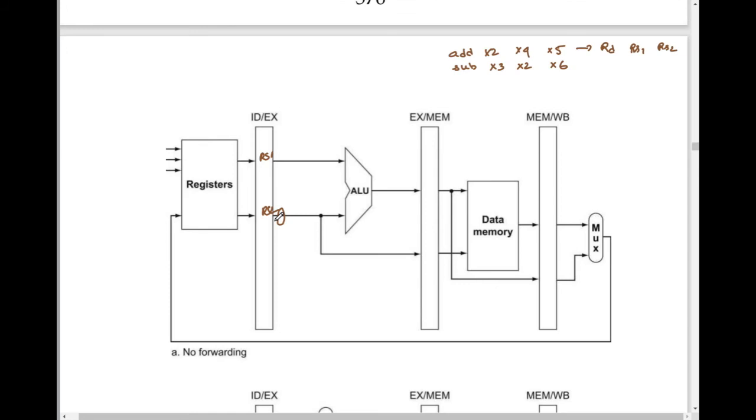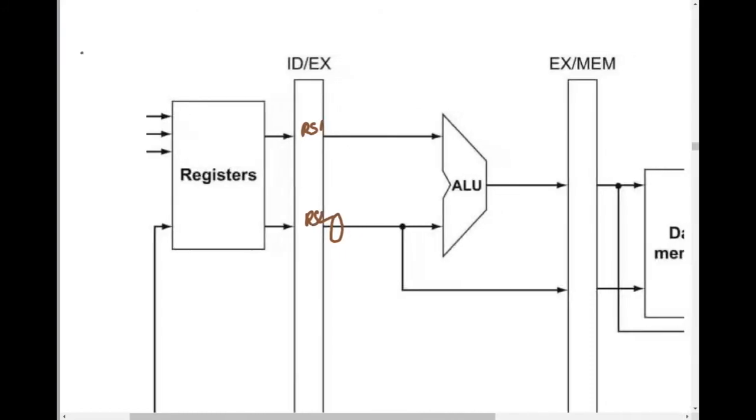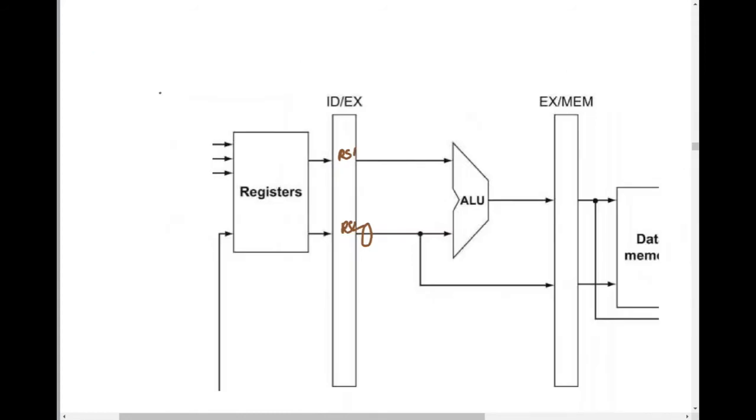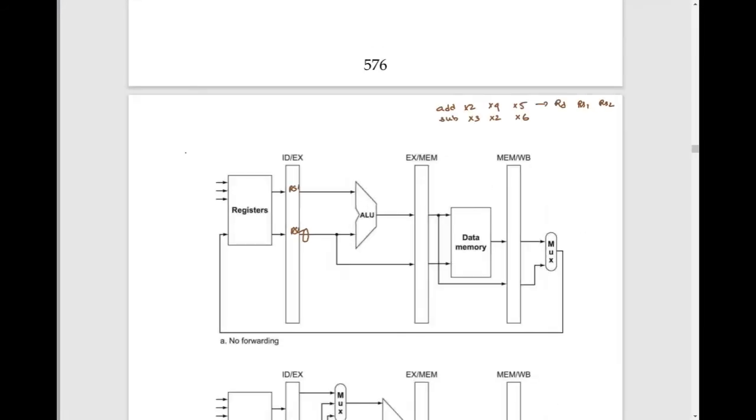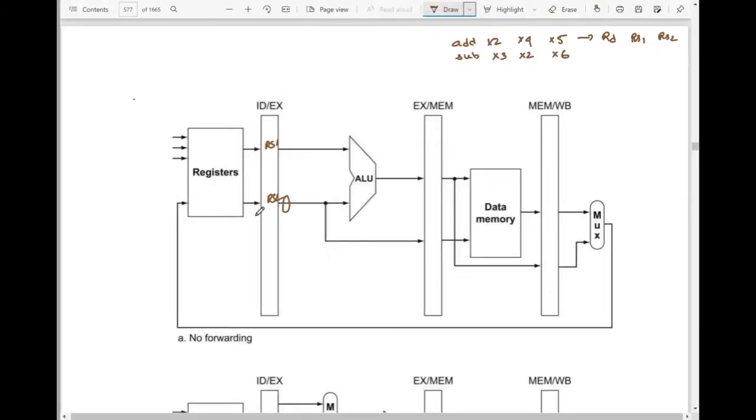So now, where do you need the forwarding? If I write the pipelining here: for the first instruction, fetch, decode, execute, memory, write back.